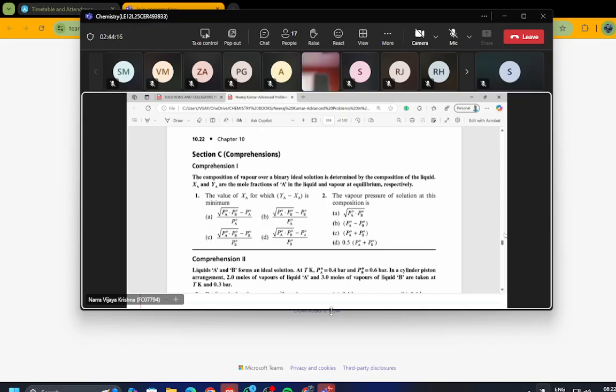Yes, sir. Something is wrong. In the denominator, they missed something. What is it? PA naught minus PB naught. They missed that in the denominator, sir. Correct? Subtract 1, sir, in that equation.